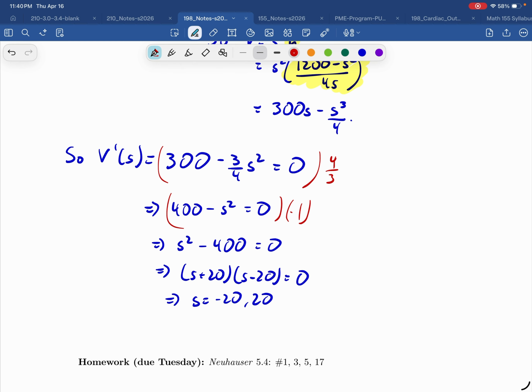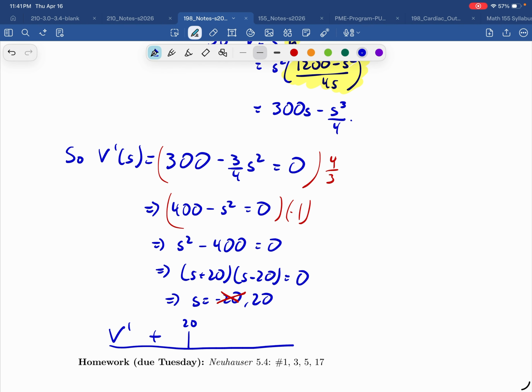But of course, -20 is not a thing. We can't have a side of negative length. So we're really just concerned with 20, right? Now let's quickly make sure that we do, in fact, have a max. And again, we should, right? So if we plug in 0 for S right into here, we're going to get a positive.